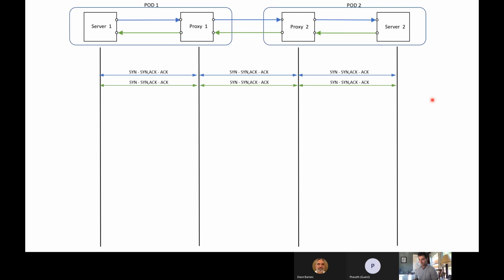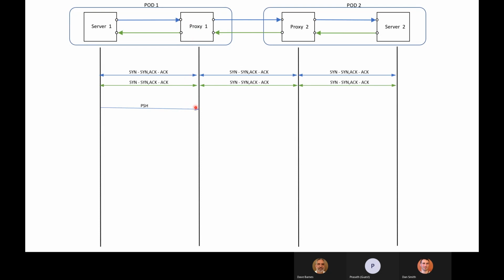Okay, so when server one tries to send some data to this remote server, first we get, of course, the TCP push packet sent from server one. Now, server one is completely unaware of this proxy. Server one is trying to reach the remote server two, but this traffic is intercepted by this proxy.